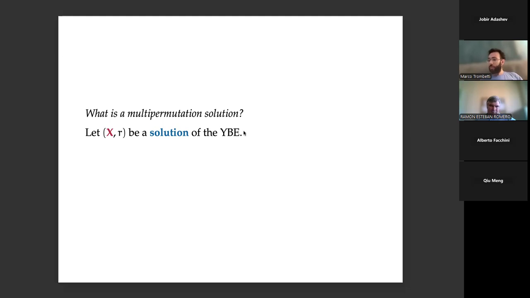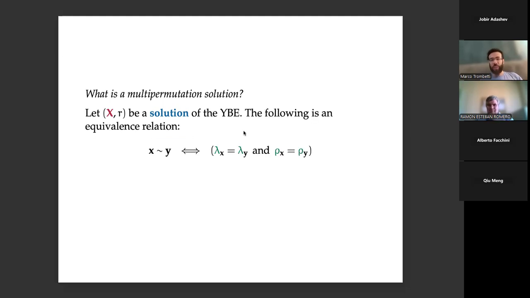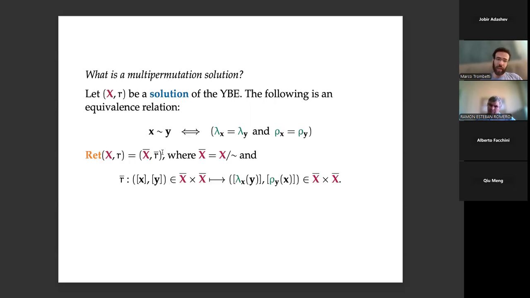And well, it's easy to see that this is an equivalence relation. And if you get an equivalence relation, then you will take the quotient structure. So in this case, we consider the retraction, which is actually a nice way to say the quotient structure here. And on the quotient structure, you find out that the induced map, overline R, is well defined as well.